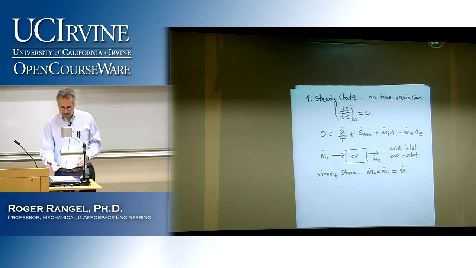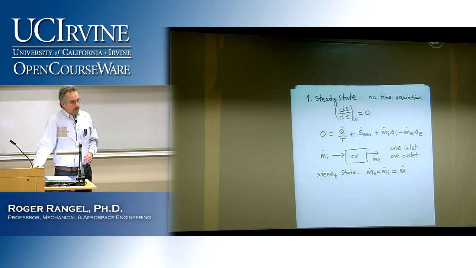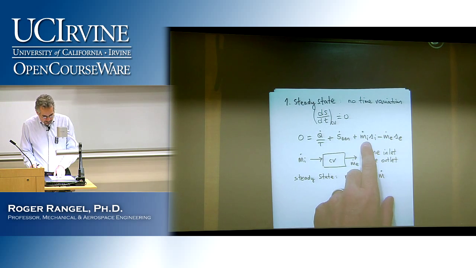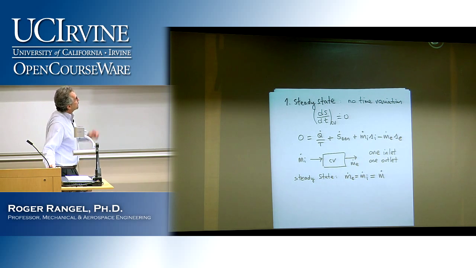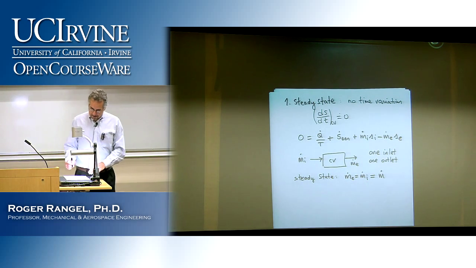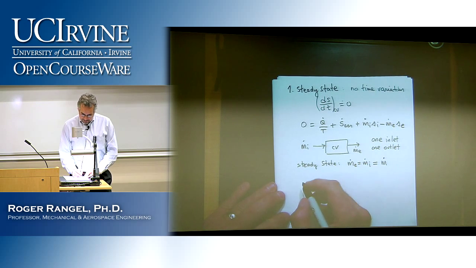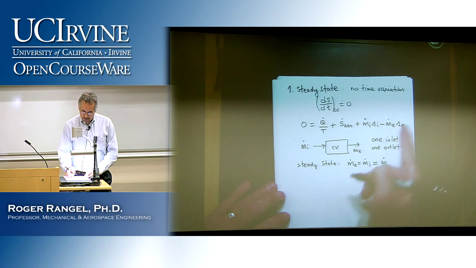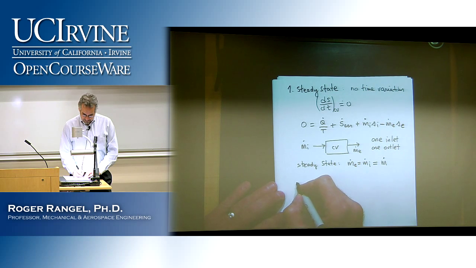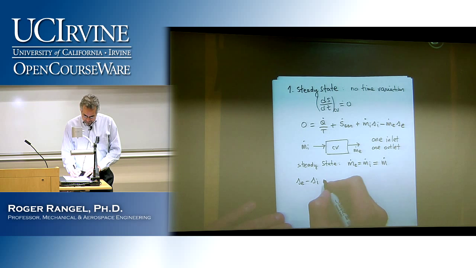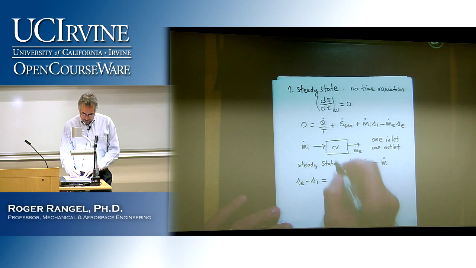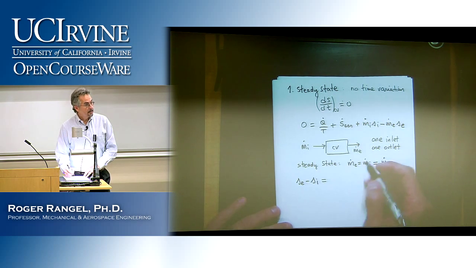And if that's the case, I can simplify the equation a little bit more because I can factor out the m dot I and the m dot E, which is the same. And I can rewrite the equation like this. I move these two terms to the other side and divide by m dot. So s E minus s I is equal to, I'm now going to divide by m dot.